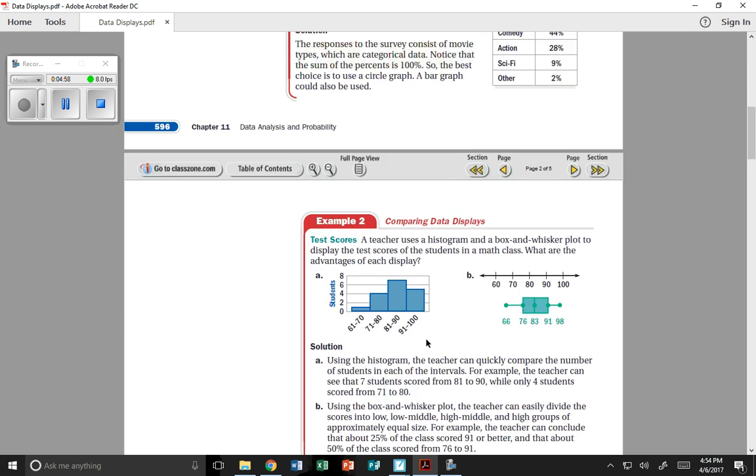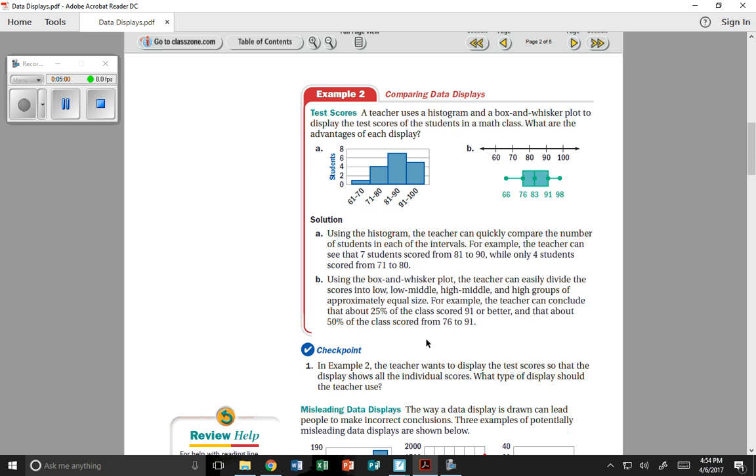All right. So if we're looking at a histogram versus a box and whisker plot, the question here is, what are the advantages of each display?